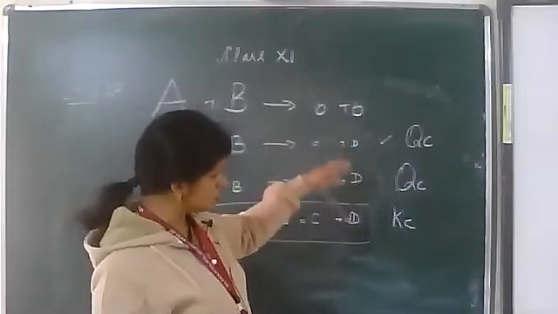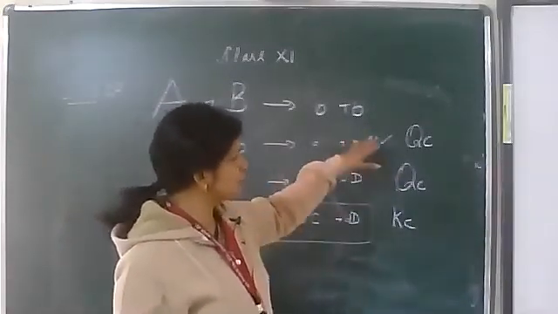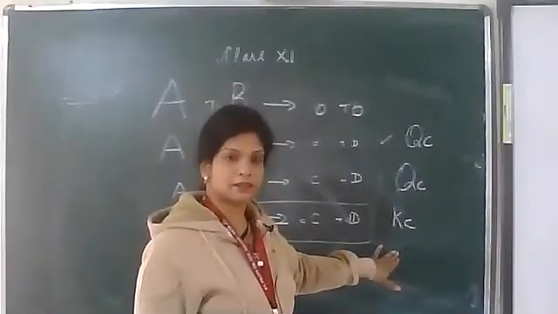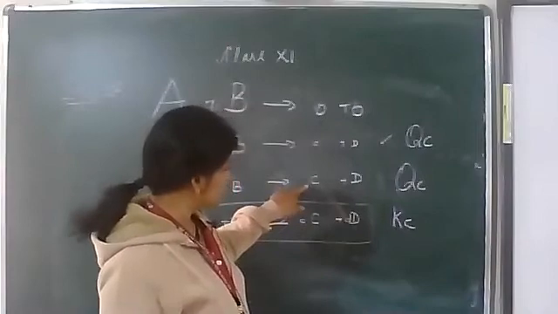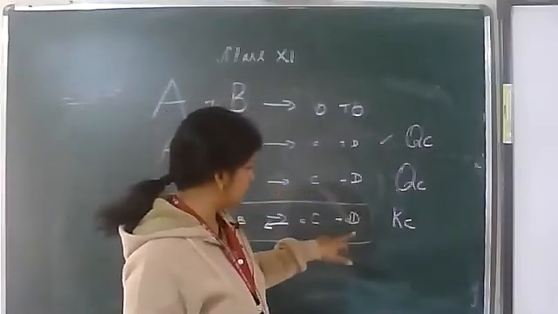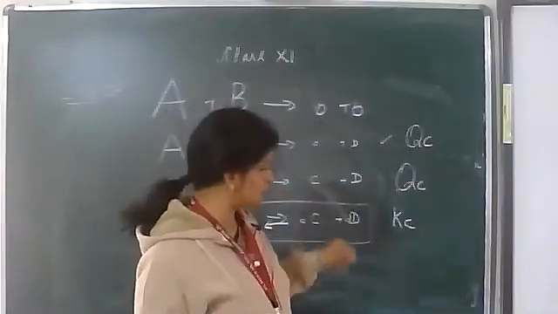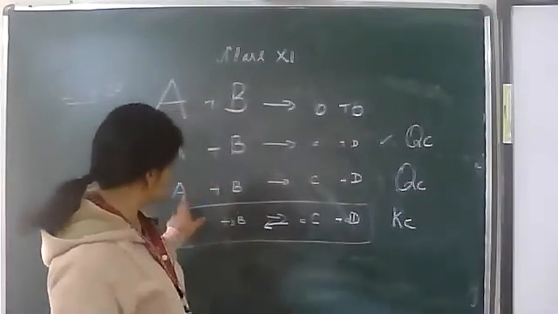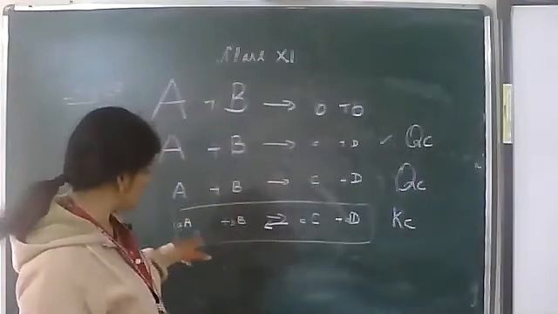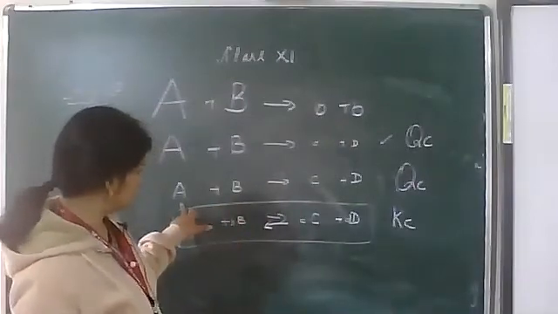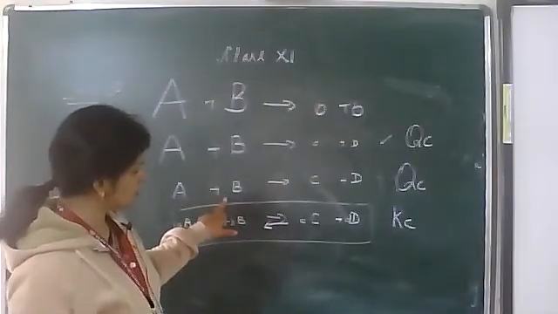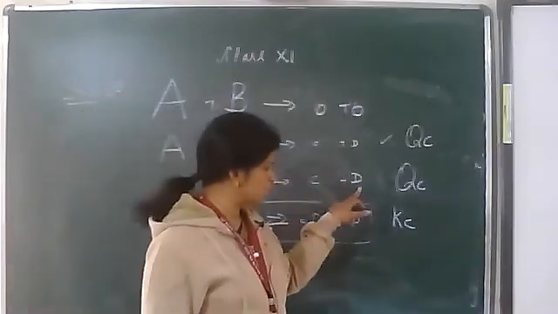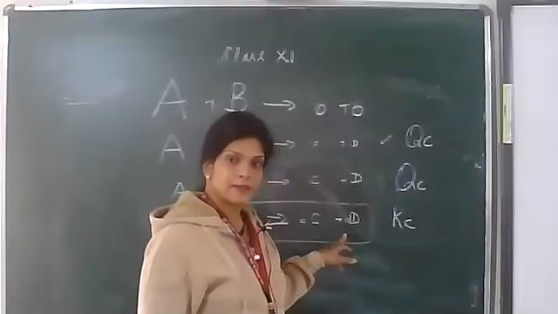In this particular case, Qc is less than Kc. Even this Qc is also less than Kc, because this C amount and this D amount is less than this C amount and this D amount. Here also, accordingly, this is more and this is more compared to this and this. So denominator will be bigger. Denominator is having a bigger value. Numerator is having a smaller value as compared to this case.